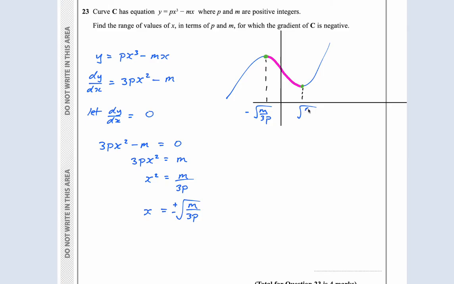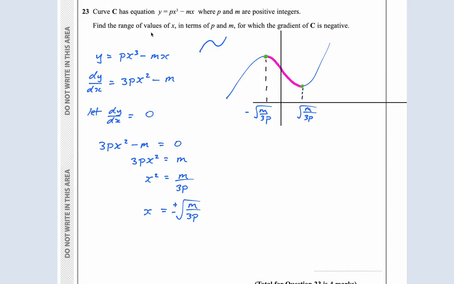This one is root m over 3p, the positive version, because remember p and m are positive integers, so this is going to be a positive number and this is going to be a negative number. That's how I know that in a positive cubic that looks like this, the maximum will be to the left of the minimum. If p was a negative number, it would be the opposite, but it's not.